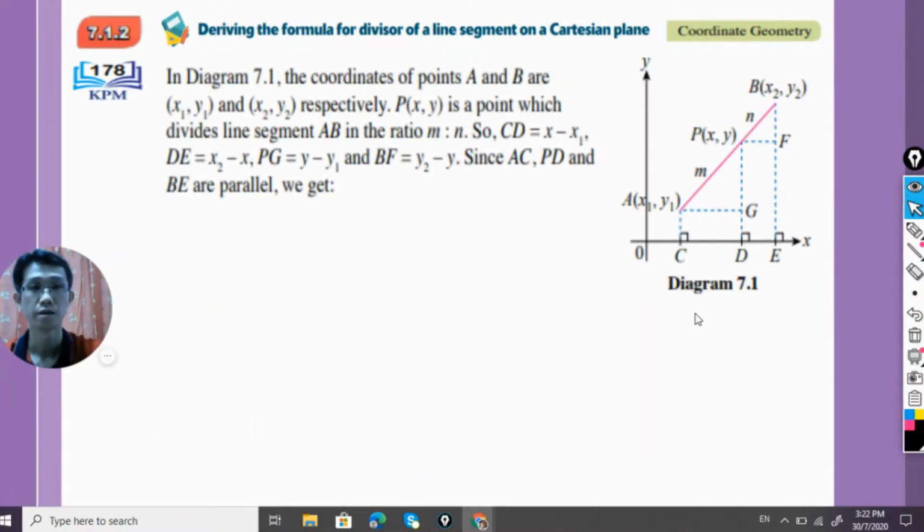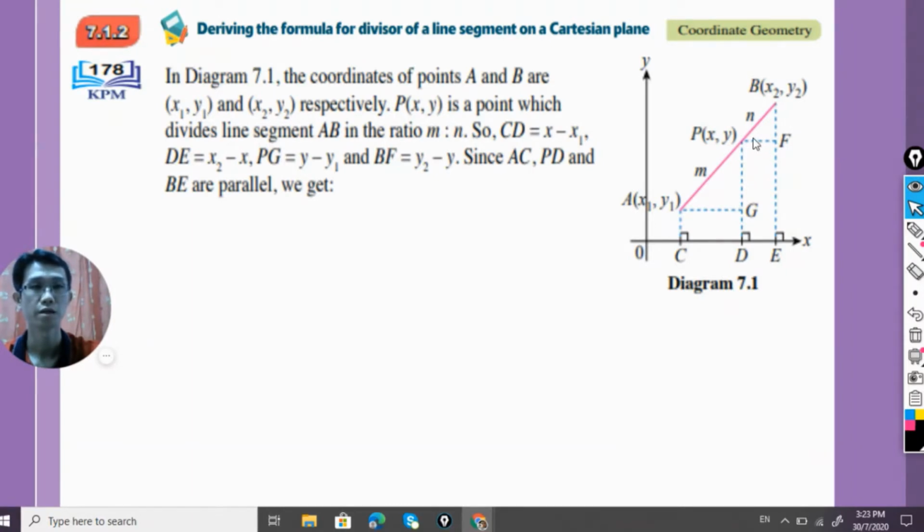So now let us see how we can derive the formula for divisor of a line segment. On this line segment, there are two endpoints and one internal point P. We build some parallel lines, a horizontal line across the points A and P, with three vertical parallel lines across the points A, P and B. You will see that two similar triangles form.